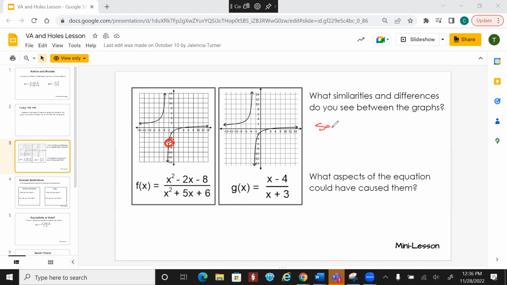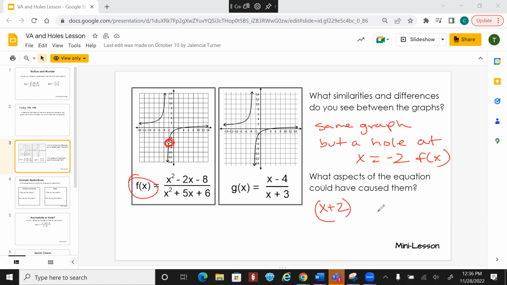So it's the same graph, but a hole at x equals -2 on the f of x function. That's this guy. So what could have caused that? And that's the x plus 2 factor we canceled out.